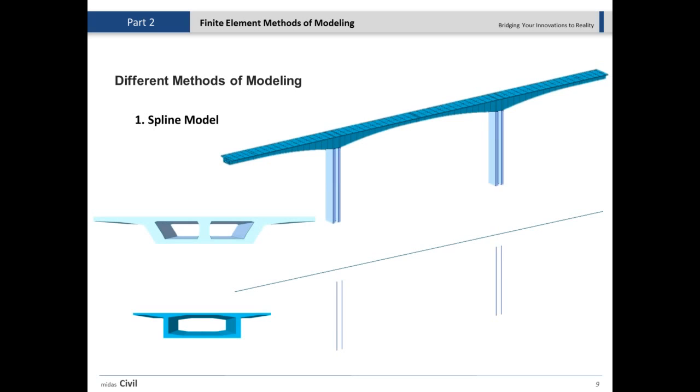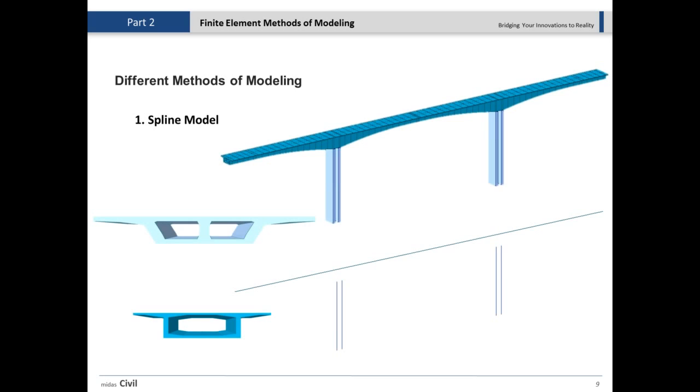All right, so in the second part, let's see how we can handle the types of bridges that we just talked about. What I have here is a single span, single box segmental bridge, and I modeled it using a spline model.